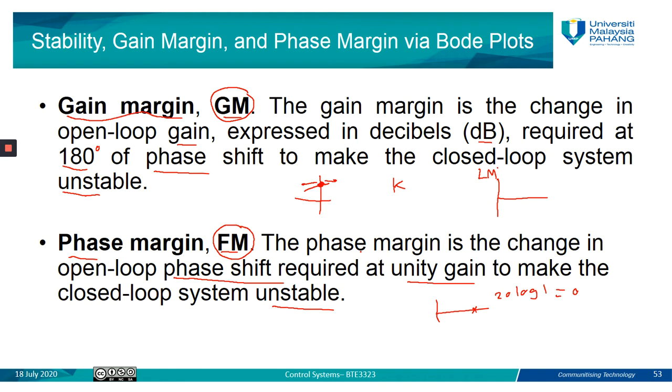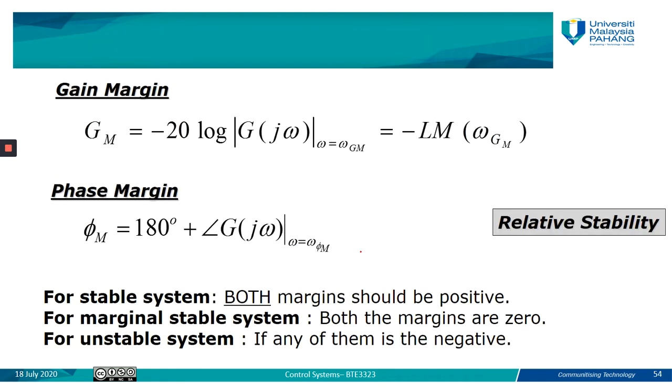As we can see more clearly, this is the equation. We are going to see the gain margin and phase margin representation in the Bode plot graph, but before that we need to know the equation to find the gain margin. The gain margin equals negative 20 log of the magnitude of G(j omega) when omega equals omega gain margin.